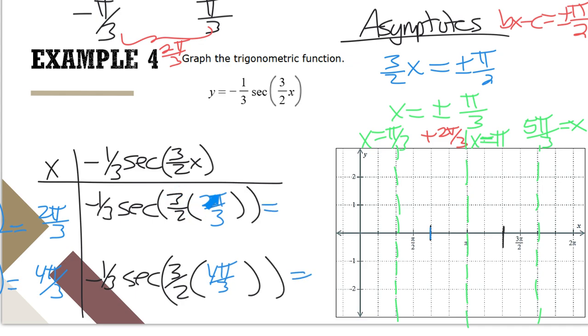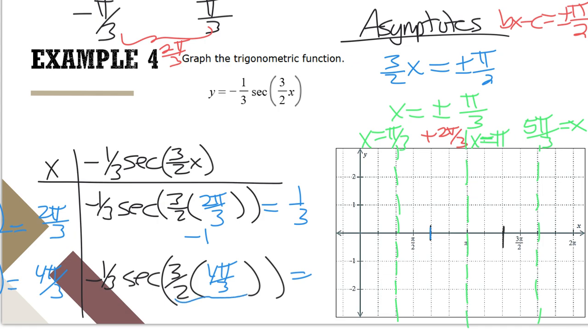Just notice that this becomes pi, the secant of pi, which is 1 over the cosine of pi. Sorry, cosine of pi is negative 1, so the secant is negative 1 at that point. Then negative 1 times negative 1/3 gives us a positive 1/3 here.